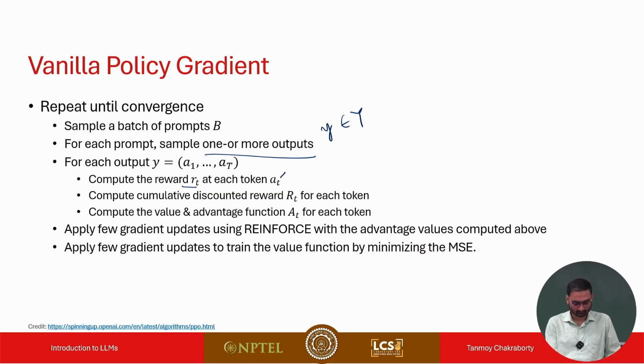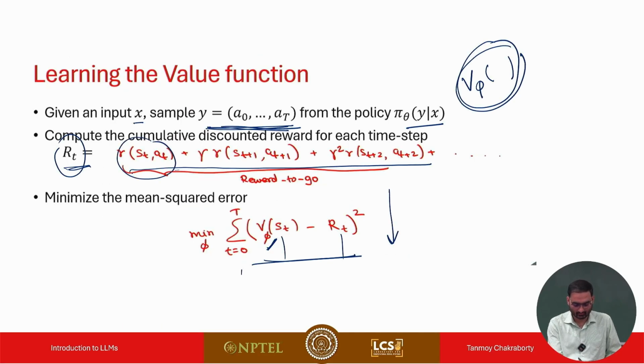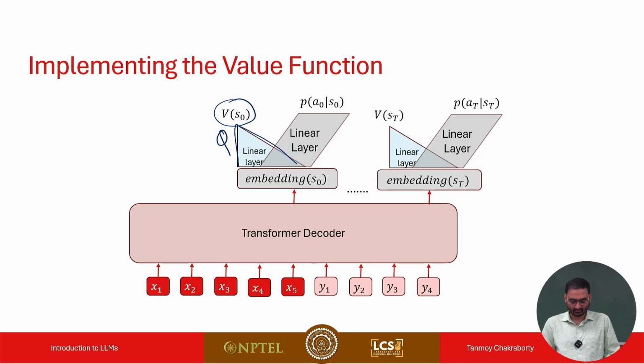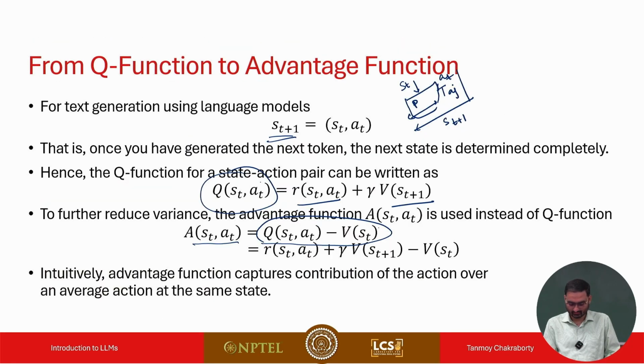Then you calculate the cumulative discounted reward Rt, which is this one. Then you compute the value and the advantage function At, that you already discussed.